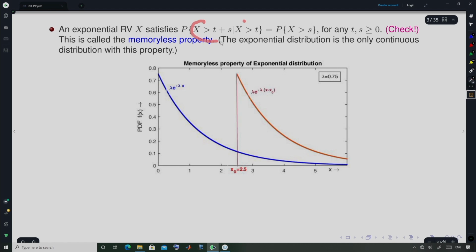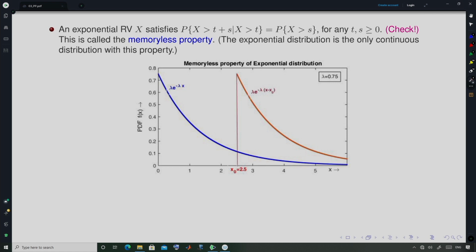Then what is the probability that the arrival will happen after s time units from now? This will be the same as if you were starting from this time, and the probability that the arrival will happen after s time units. That is what this would represent if you put a context on this particular case.